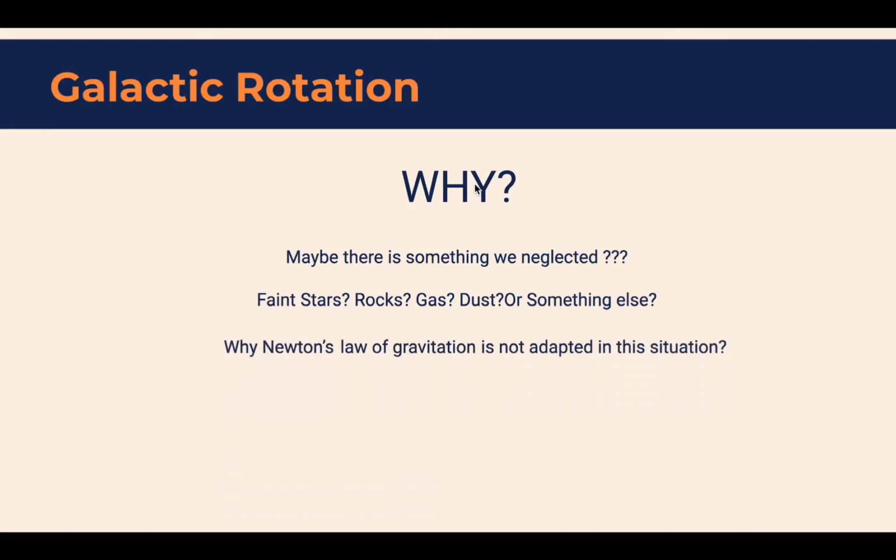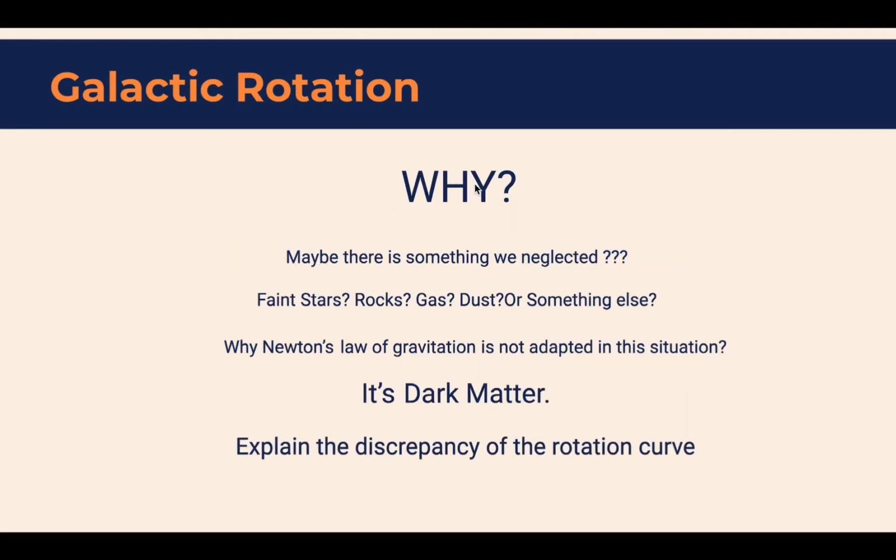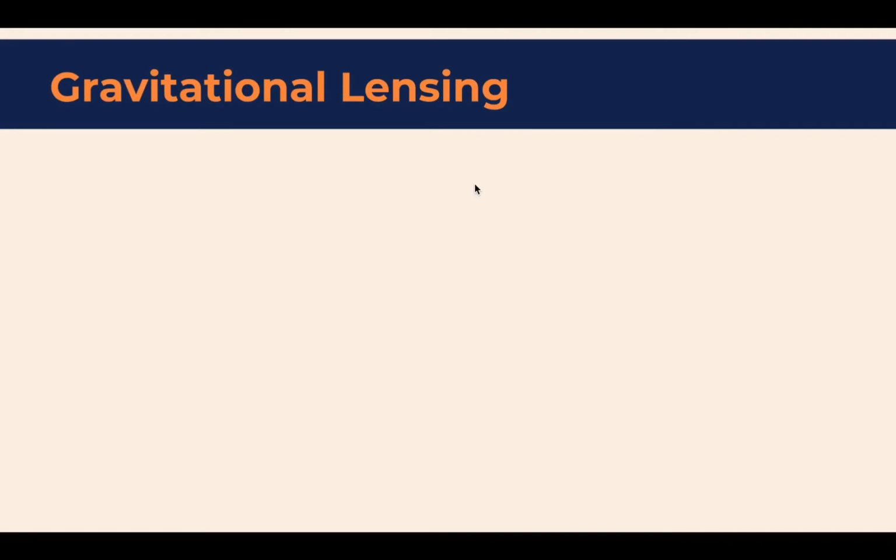Why does Newton's law of gravitation disagree with our observation? The answer is, inevitably, the existence of dark matter, which in part explains the discrepancy between observed and predicted galactic rotation speed.